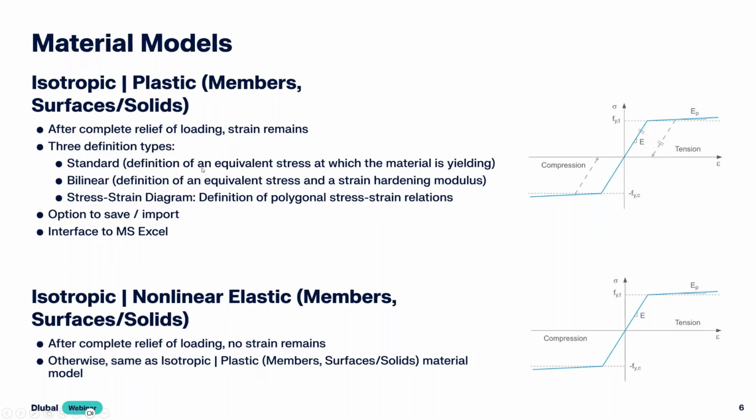You can define equivalent stresses. In that case, the material is yielding, and the strain hardening modulus can also be defined with the bilinear definition type. And with the stress-strain diagram, you can define polygonal stress-strain relations.